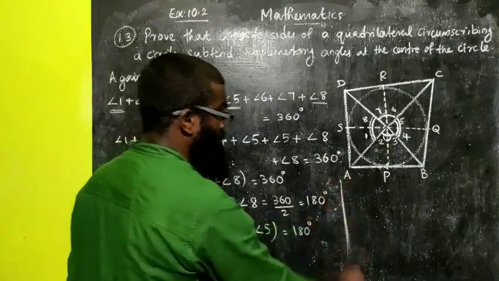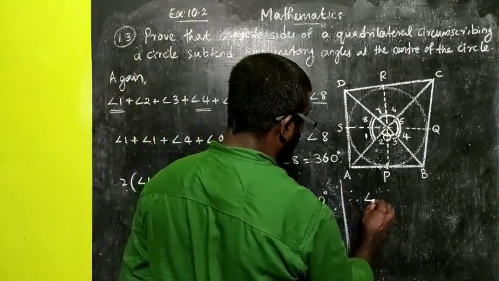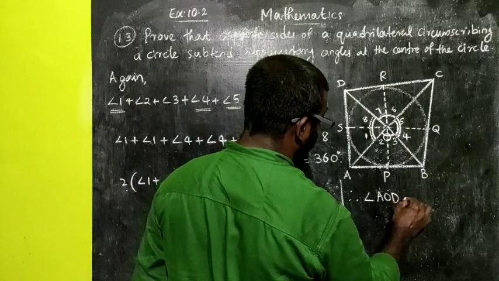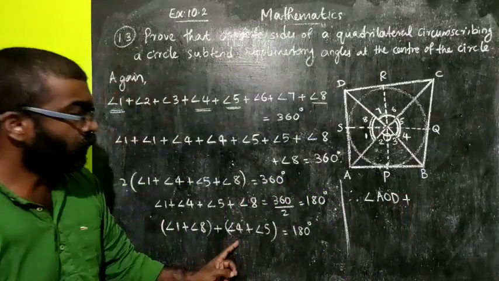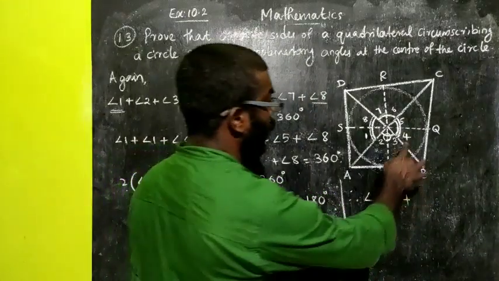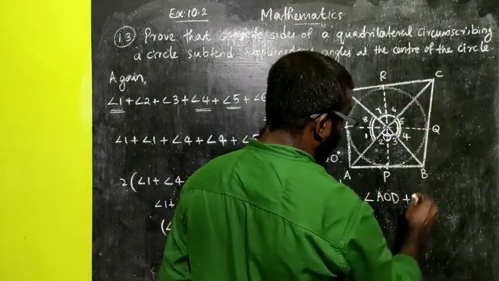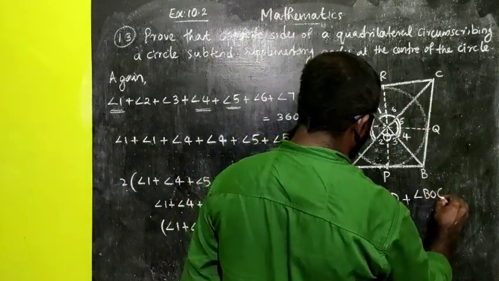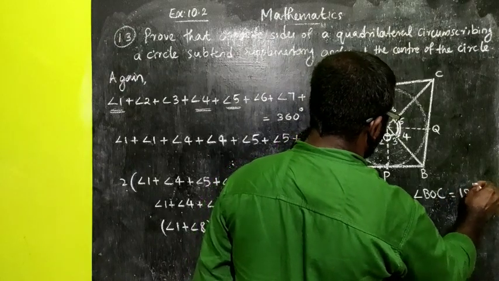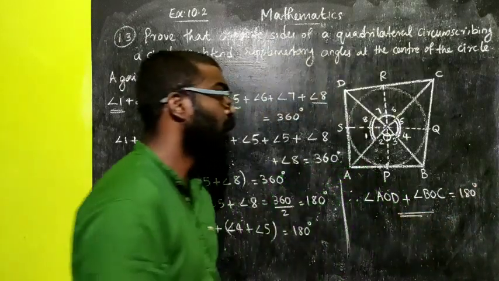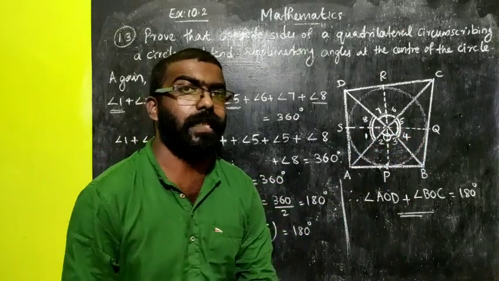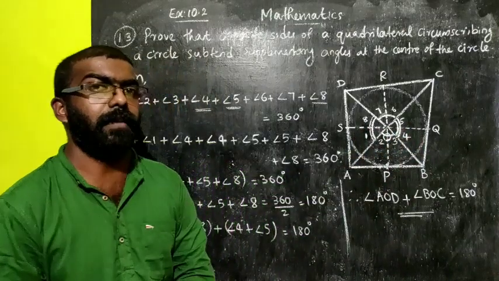Okay. So we can write, therefore angle AOD plus angle 4 plus angle 5. Angle 4 plus angle 5 is BOC. Angle BOC, which is equal to 180 degrees. So the second part is also over. These 2 pairs of opposite angles are also supplementary.